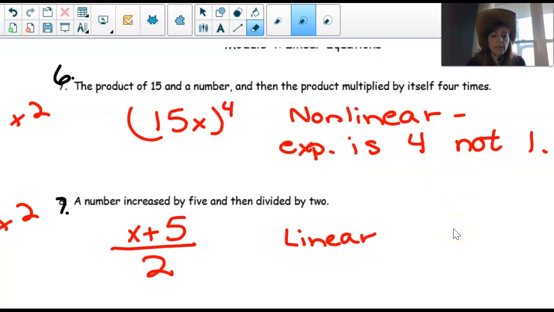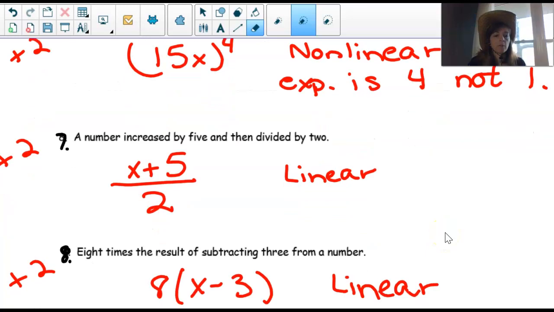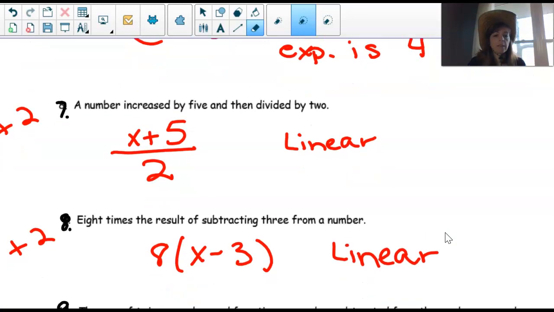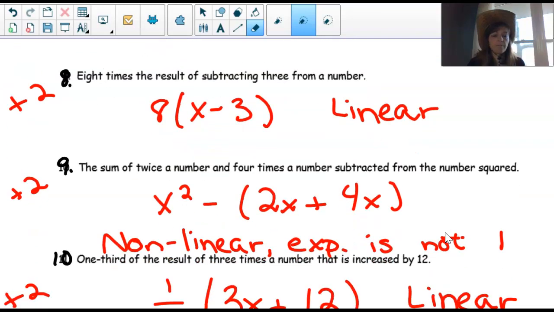Now the exponent is 4, not 1, because you have to distribute that because it's in parentheses. Again, as long as that x has an exponent of 1, it is linear. You will be able to create a straight line if you were to graph it.